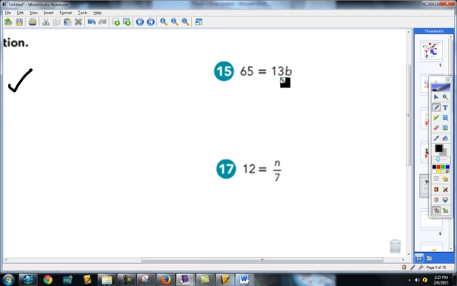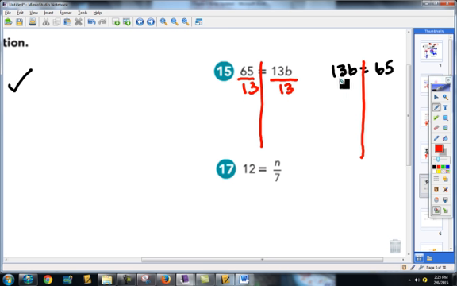Okay, once again, this is one of these weird ones where the variable is on the right side, the expression's on the right side. If you don't want to mess with it and you just want to go ahead and make it 13b equals 65, that's fine with me. If you want to do it that way, do it that way. Doesn't matter, same process. What is happening to the variable? Well, it's being multiplied by 13, so I'm going to divide by 13. Divide by 13, divide by 13.